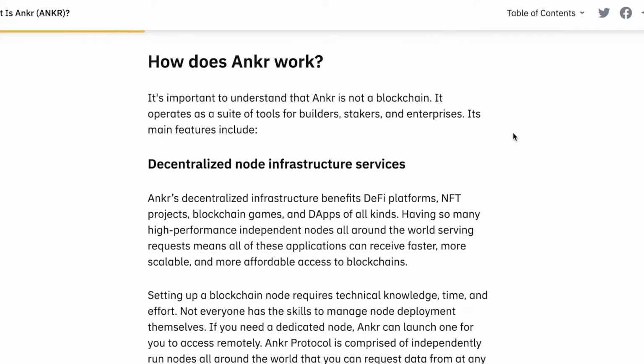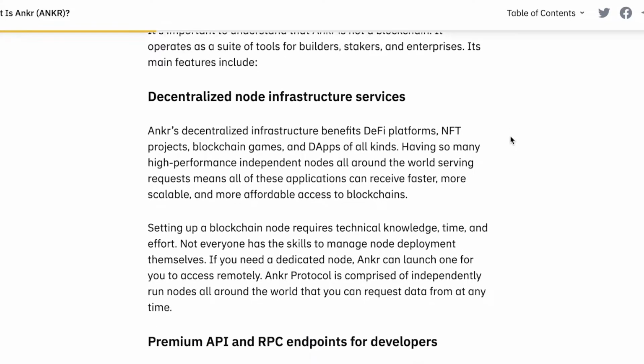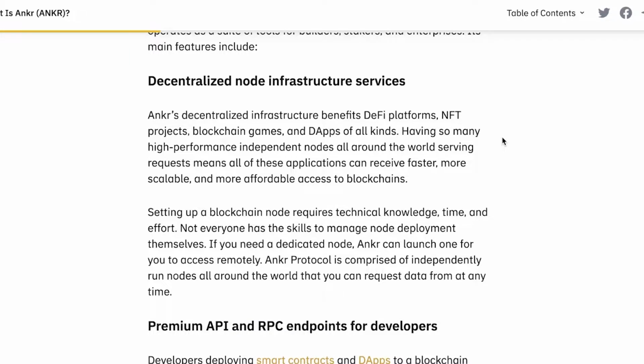So how does the decentralized node infrastructure actually work on Ankr? Well, they have a decentralized infrastructure that benefits DeFi platforms, NFT projects, blockchain games, and other kinds of decentralized applications, with high-performance independent nodes serving requests around the world, meaning all these applications can receive faster, more scalable, and more affordable access to the blockchain.